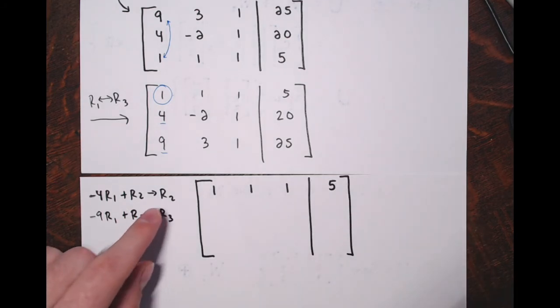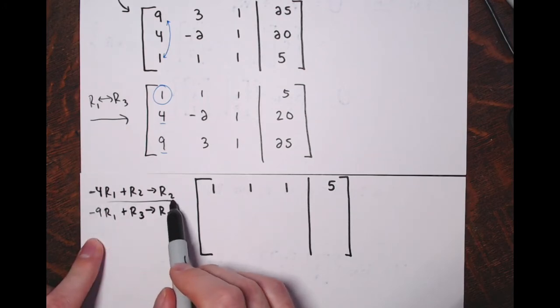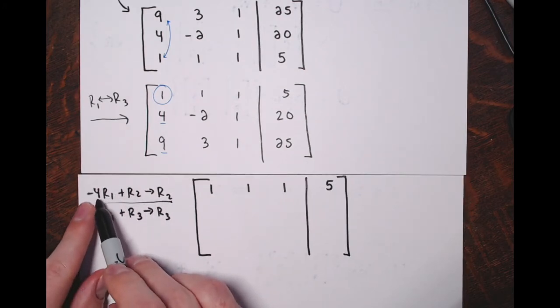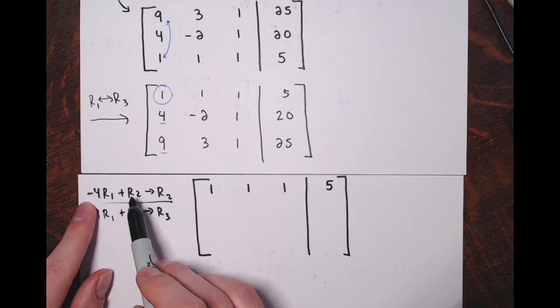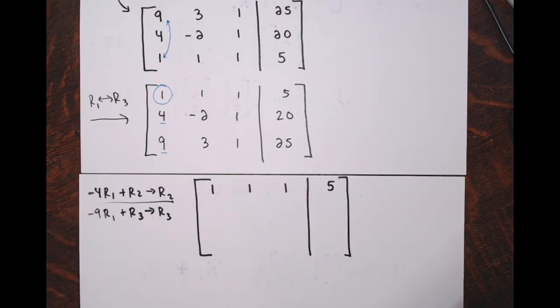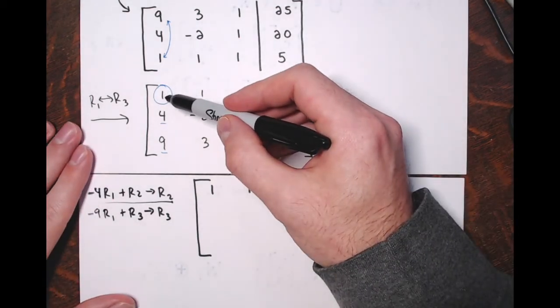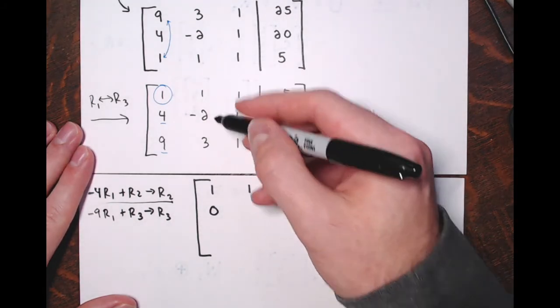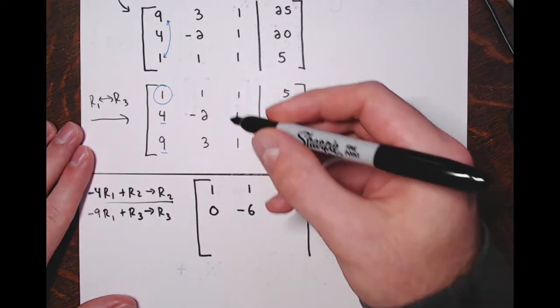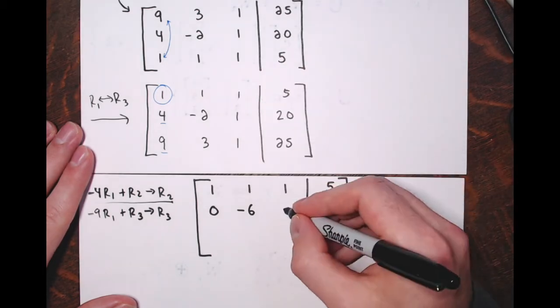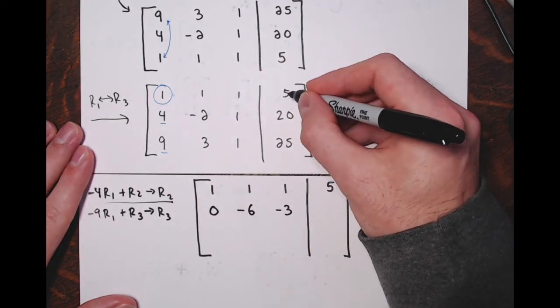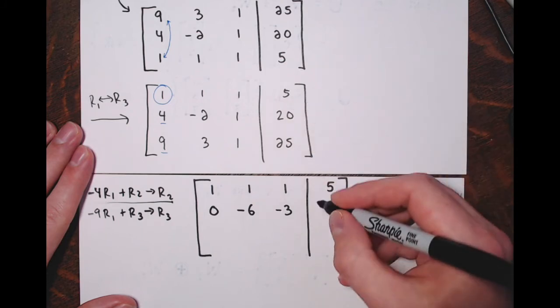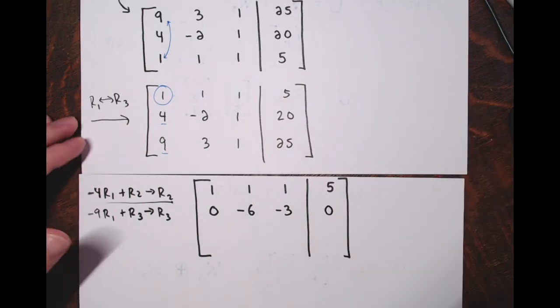Now let's change row 2 with this line. I do -4 times the row 1 entries plus the row 2 entries to create new row 2 entries. So -4 plus 4, 0. -4 plus -2, -6. -4 plus 1, -3. And then -20 plus 20, 0.